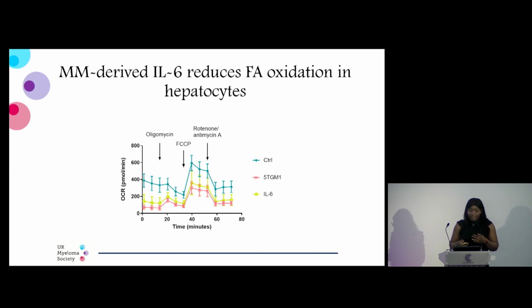And you can see that fatty acid oxidation is lower in the primary mouse hepatocytes that are treated with myeloma conditioned media, so the 5TGM conditioned media, and with the interleukin-6 conditioned media. The fall in oxygen consumption rate appears to be a similar amount in the 5TGM or myeloma conditioned media cells and the interleukin-6 conditioned media cells.